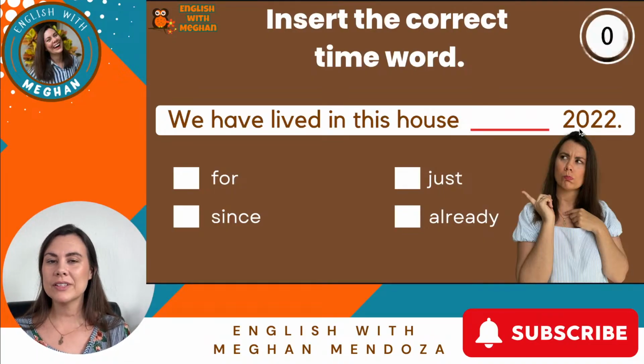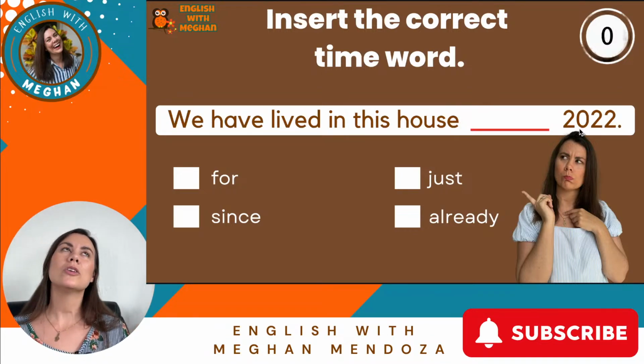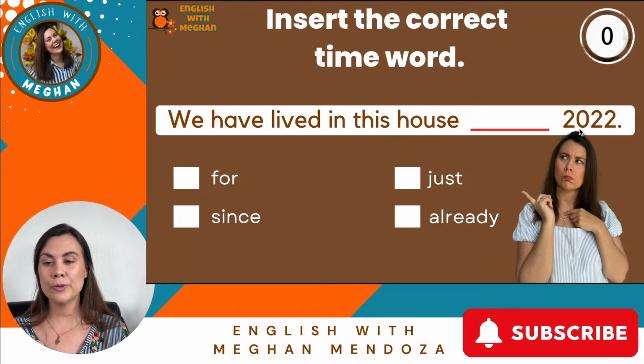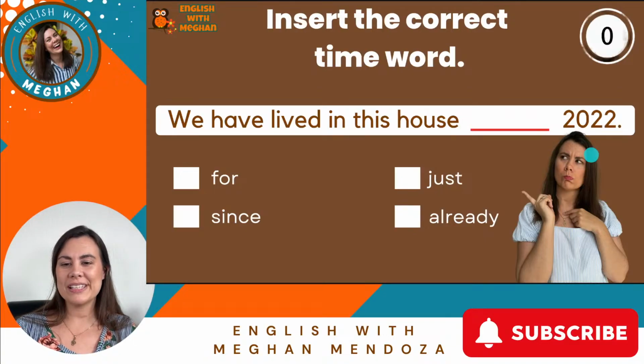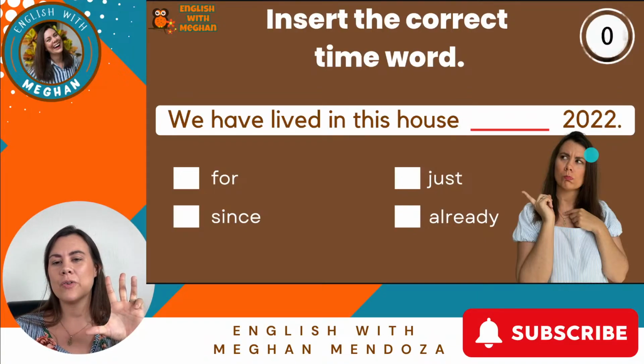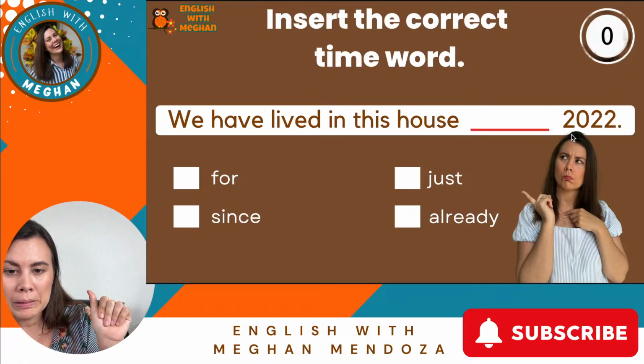So we have lived in this house 2022. You can say 2022, but 2022 with no t. All right. What is the answer? 5, 4, 3, 2, 1. What is it?